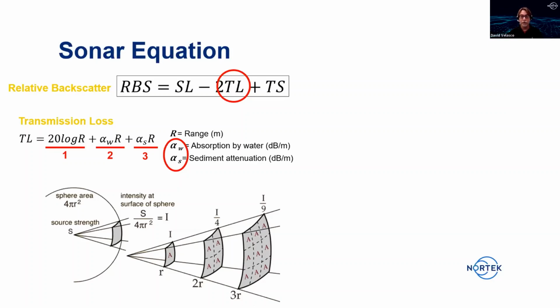Now, for suspended sediment attenuation, the alpha sub S parameter, it's a bit more complex as it is very heavily dependent on the particle size and distribution, among other factors. It's also a rather implicit situation because you need to know first the particle size distribution in order to then estimate the particle size distribution acoustically. So there's a bit of a catch-22 there.